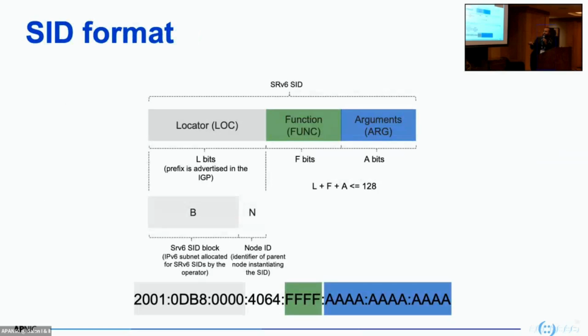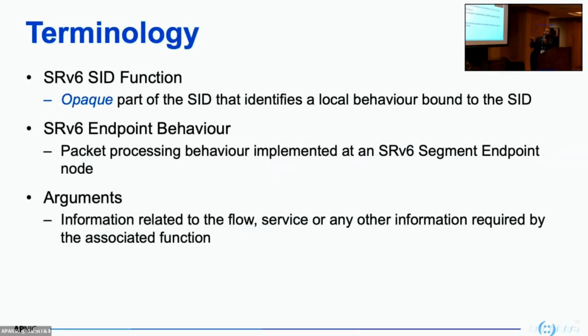Okay. So the function, the behavior, and the arguments. The function values are the function. And what is the endpoint behavior? Once it comes to the endpoint, the type of actions it's going to take is the behavior. And the argument can be different types of options associated with the function. So this is basically an opaque instruction.